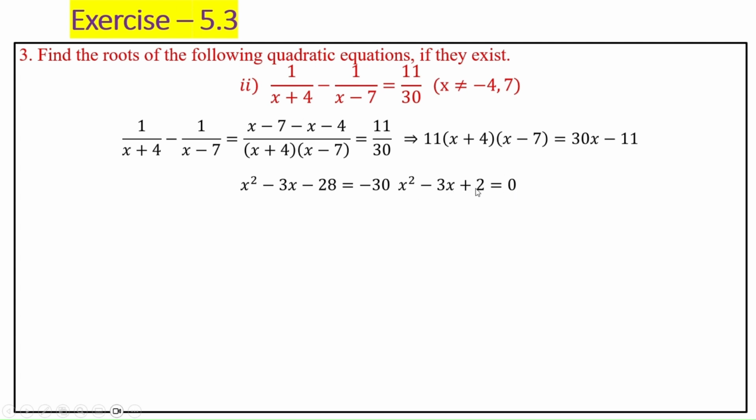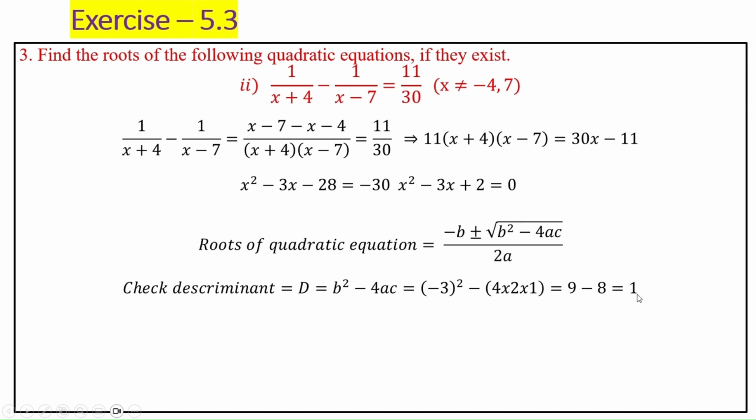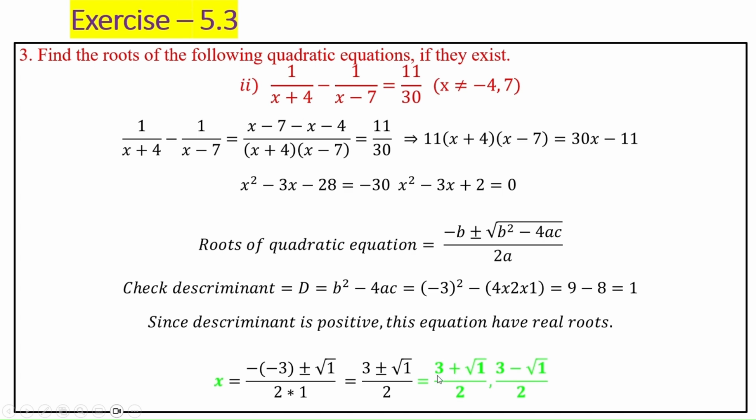The discriminant is 1, which means two real roots exist, and they are 3 plus square root of 1, which is 1. Okay, I made a mistake. 3 plus 1, that is 4 by 2, which is 2, and 3 minus 1, that is 2 by 2, which is 1. So 2 and 1 are the roots of this equation.